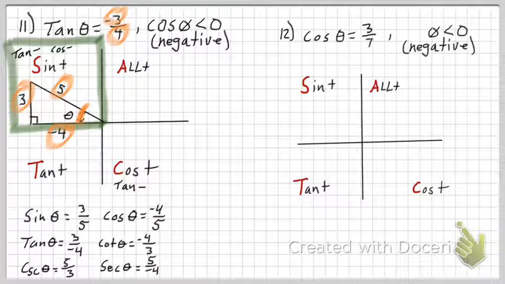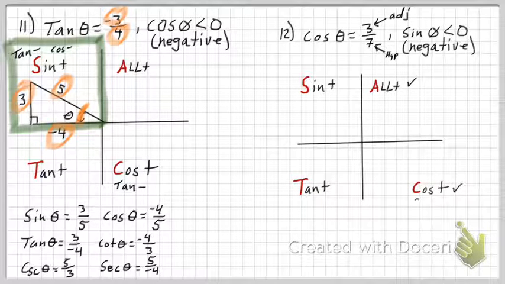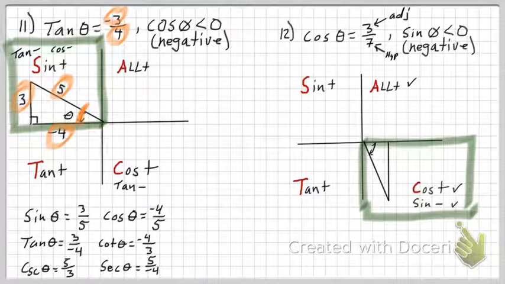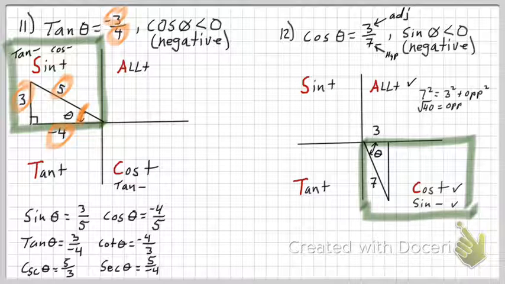Okay, let's do number 12. Cosine is positive. Sine is negative. That cosine tells me the side adjacent is 3. The hypotenuse is 7. It's just a matter of drawing that triangle in quadrant 4. That's the only place where the cosine is going to be positive and the sine is going to be negative.